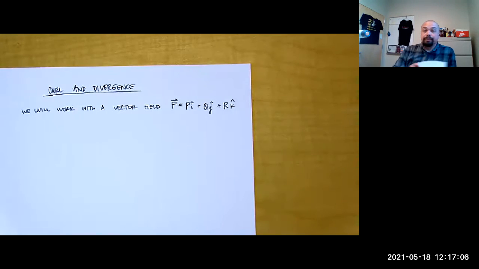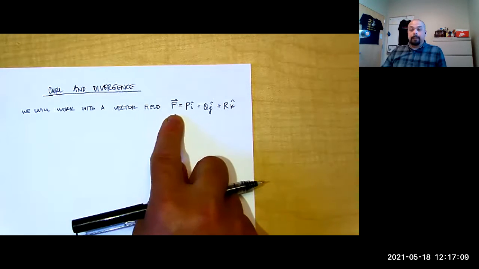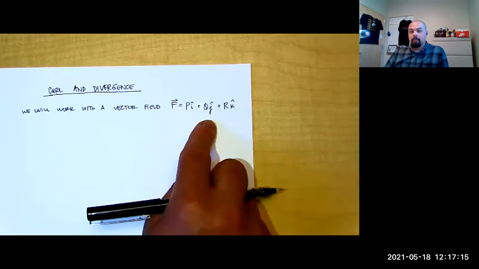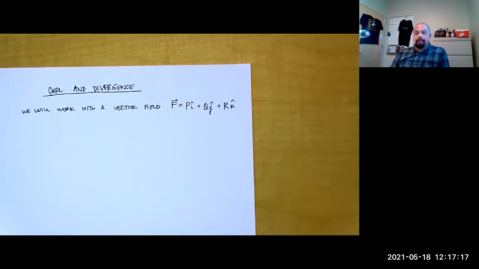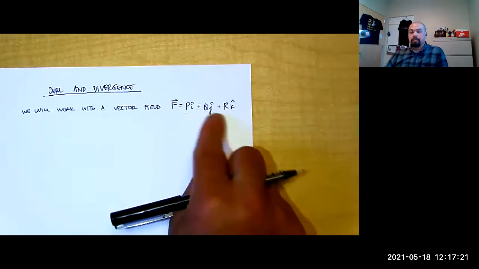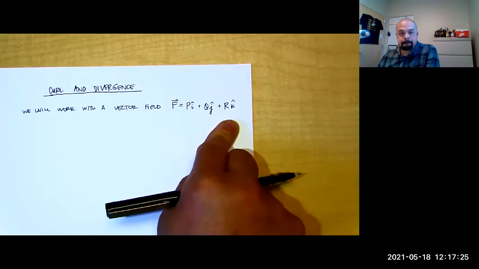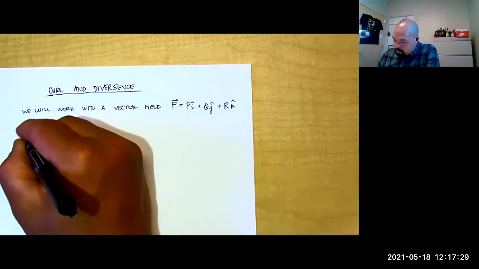So we'll have our vector field depending on x, y, and z, with our functions P of x, y, z, Q of x, y, z, R of x, y, z in those different coordinate directions.